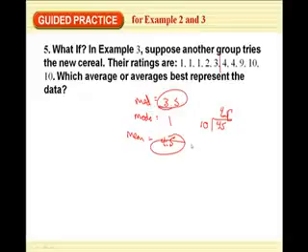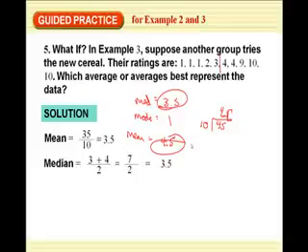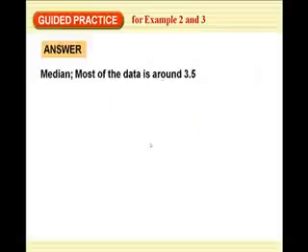I would say probably the median or the mean are good. Oh, it's not 4, it is 3.5. Oops, I messed up. I didn't add right. This is supposed to be 35, which would make that 3.5. Okay. So the median is around 3.5.